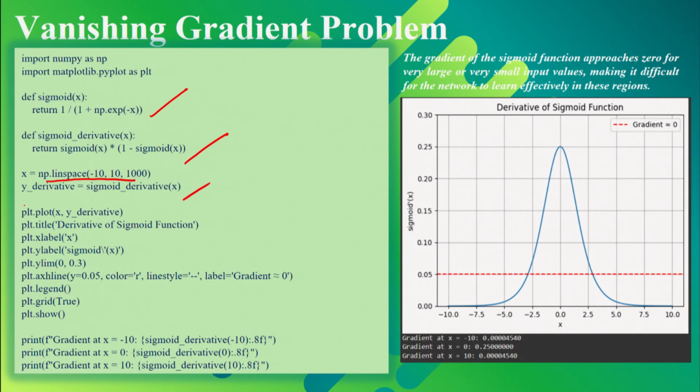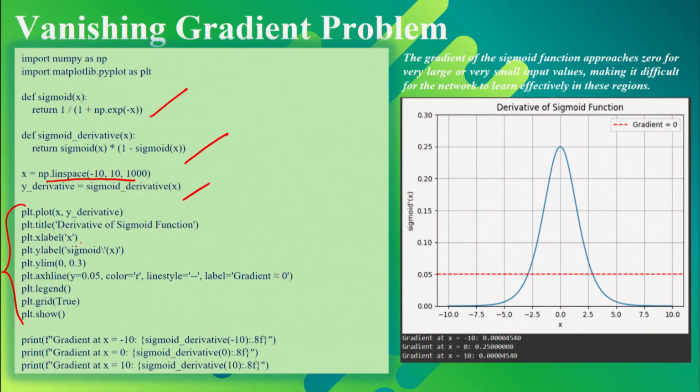Okay. And the output has been plotted using the matplotlib functions, whereby you take values of x and the y derivative. We are labeling the x axis as x, and the y axis as sigmoid of x. Now, here you are applying the solution to the problem and making the graph to be shown.